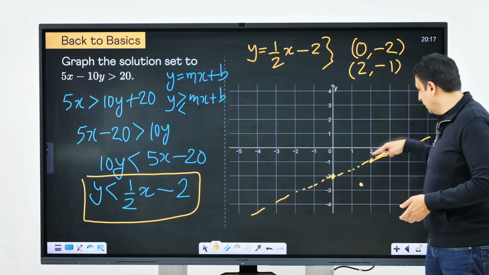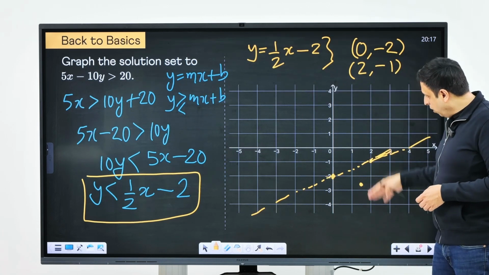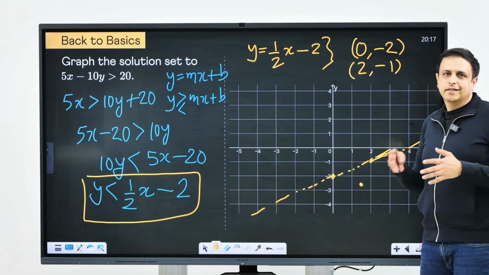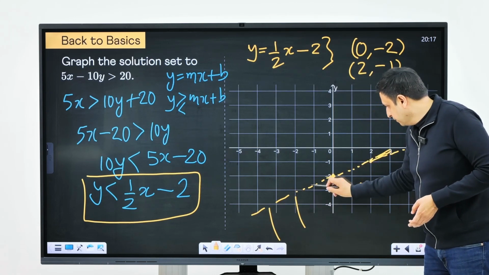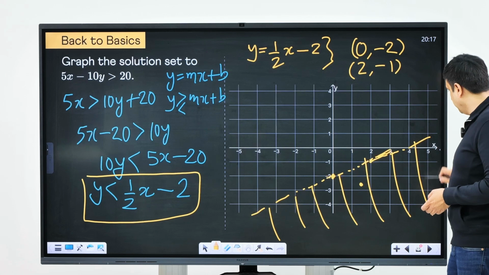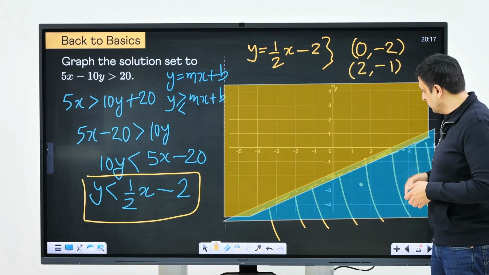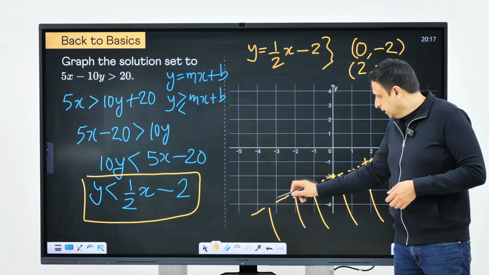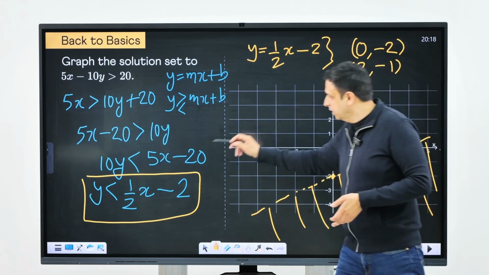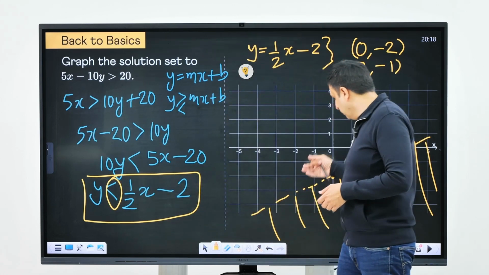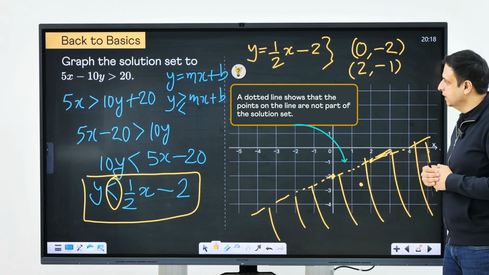Once you have plotted this boundary line, which is y equal to half x minus 2, you take all the points below that line, and that is the solution set of the inequality. So all these points below this line basically form what we call a half plane, because the plane is being divided into 2 parts by this boundary line, and the points on the boundary line itself won't form the solution set because we have a less than sign here, but all points below the boundary line will be the solution set of this inequality.